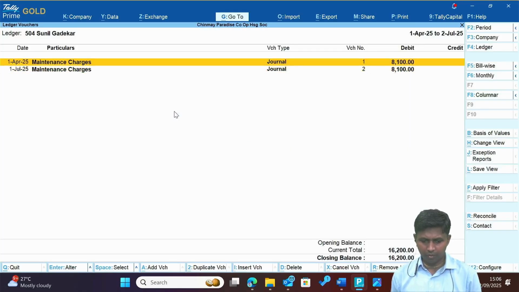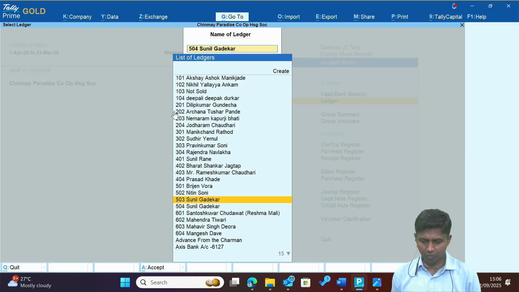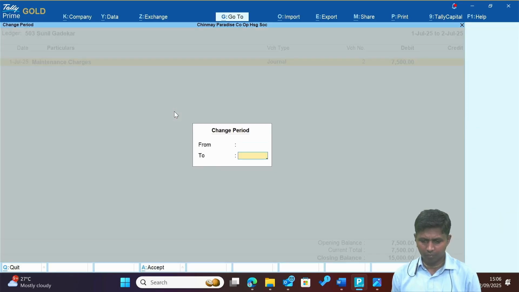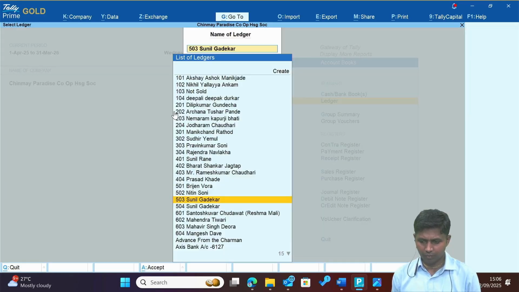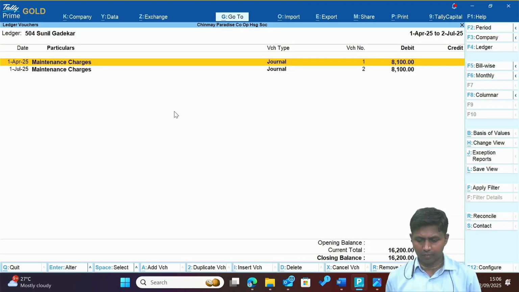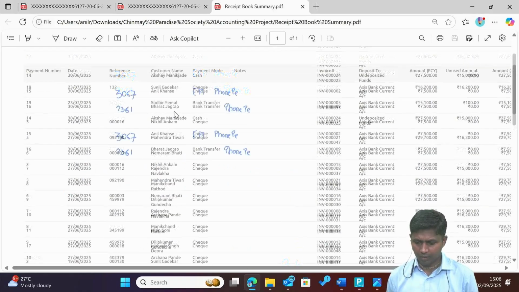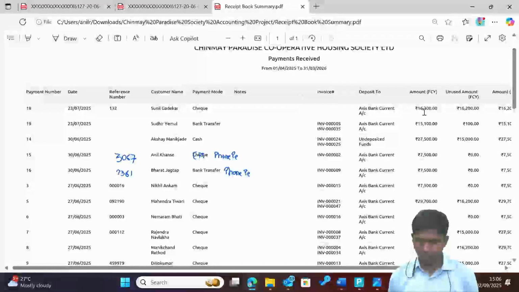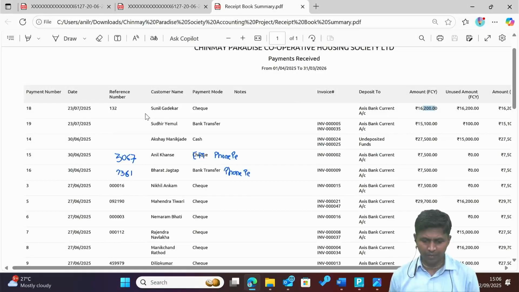Flat number 504 and then flat number 503. This is on rent because 8,100 plus 8,100 is 16,200. That means this is matching, so this must be against the rented flat.